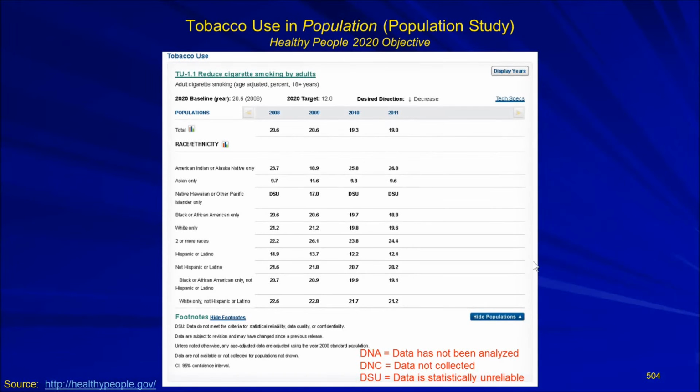This data came from Healthy People 2020. We could have used other sources from the U.S. Department of Health and Human Services, or we could have used other sources such as Monitoring the Future, which is a research group at the University of Michigan who has looked at all kinds of health risk behaviors for a long time, including smoking.